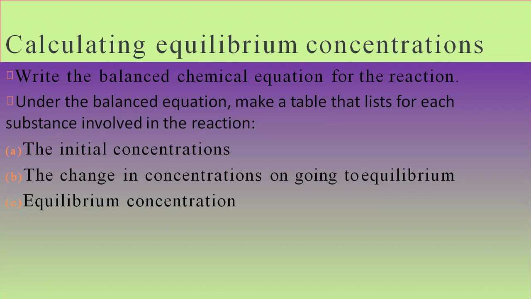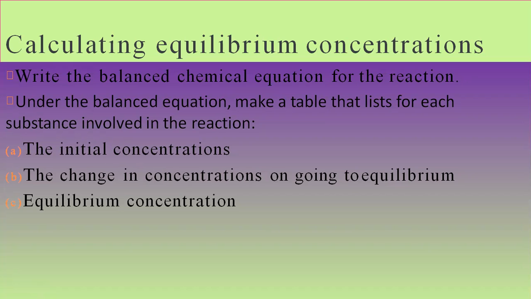Second, under the balanced chemical equation, make a table that lists each of the substances involved in the reaction. In this table you collect all the data given in the question. First, the initial concentration.